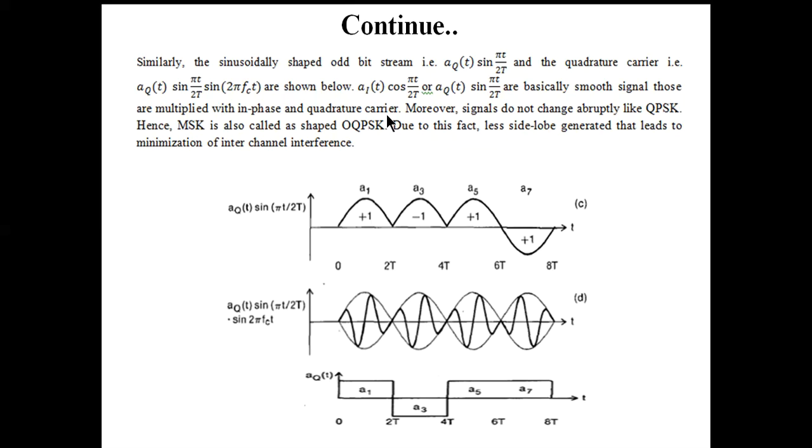So MSK can be called a special case of OQPSK or shaped OQPSK, where we use a shaped rectangular pulse or sinusoidal weighted pulse for the generation of the quadrature carrier. For this reason, low side lobes can be generated, and that leads to the minimization of interchannel interference.